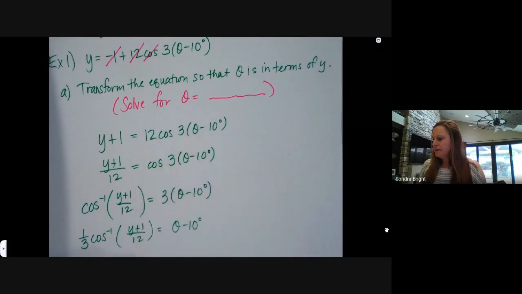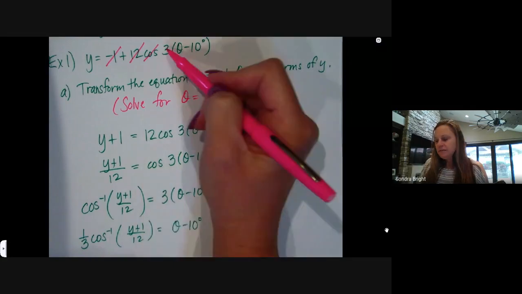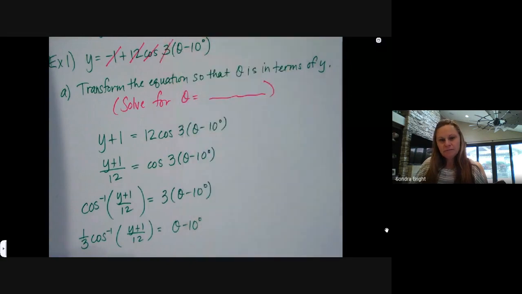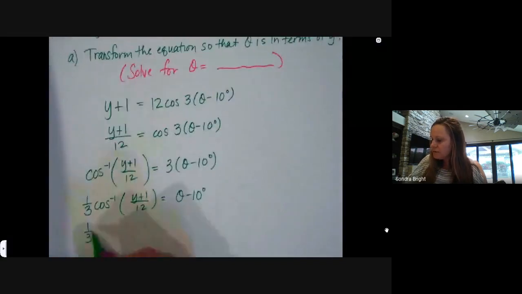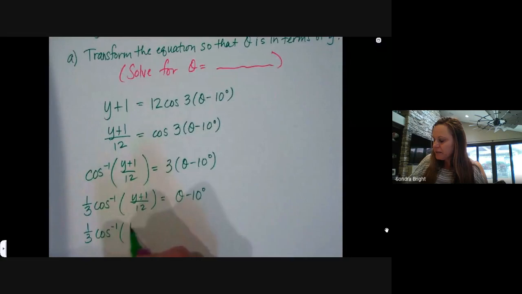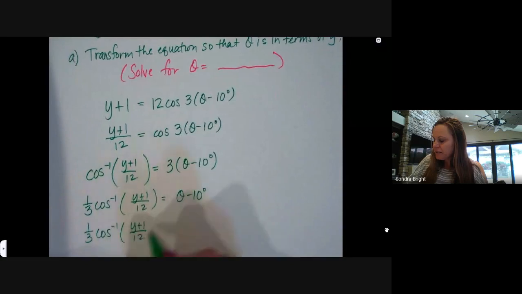And the last part that you need to do is get rid of the minus 10 degrees from the right-hand side. So I'll just add 10 degrees to both sides of the equation, and I will get 1/3 inverse cosine of y plus 1 divided by 12 plus 10 degrees is equal to theta.